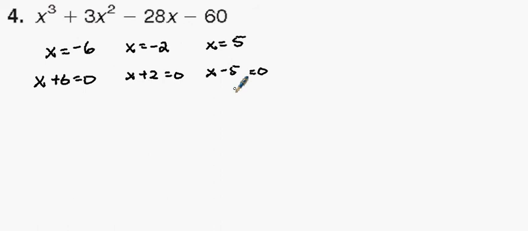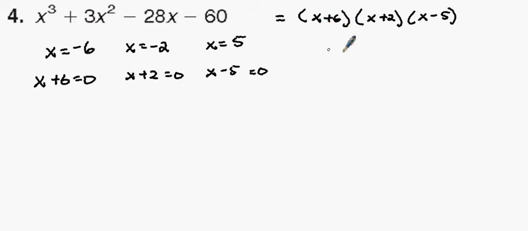Okay? Well, these then are the factors. So, if things worked out right, this should be x plus 6, x plus 2, x minus 5. Should be the factorization. Well, let's multiply the 3 and see if it works.